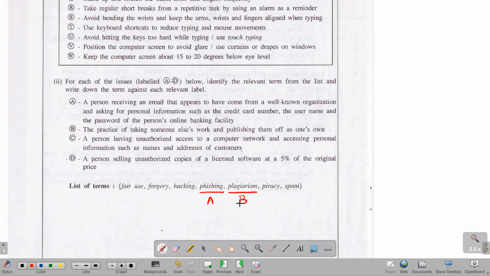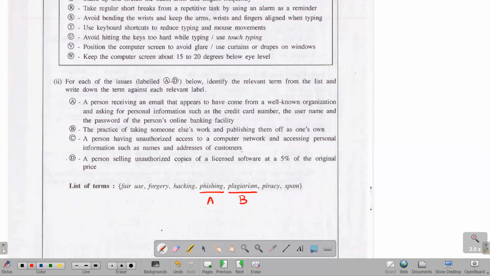which goes with B. A person having unauthorized access to a computer network and accessing personal information such as name, address of customers. So yeah, this is kind of a theft, right? So, fair use, not the fair use.